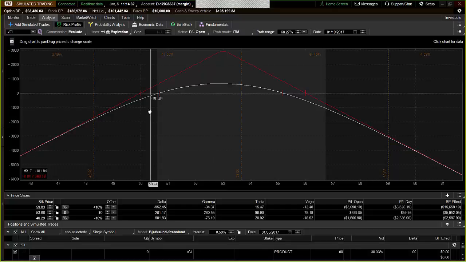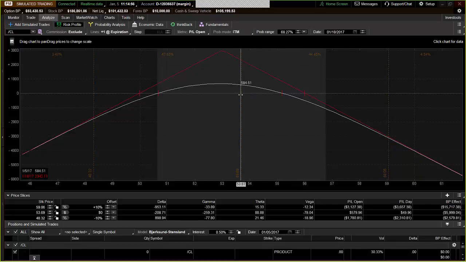Yep. Okay, so this is where it's going to be at expiration. The expiration is the 18th of January, not far away. If the price stays here, and if we look down here, this is what this is additionally going to earn in premium.